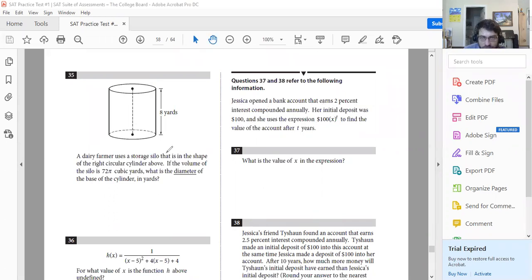In order to do that, 2% as a decimal is 0.02. Again, we need to add 1 to that. 1.02 is the number you need to put in the equation, because the 1 accounts for the original amount and the 2% gives your interest.